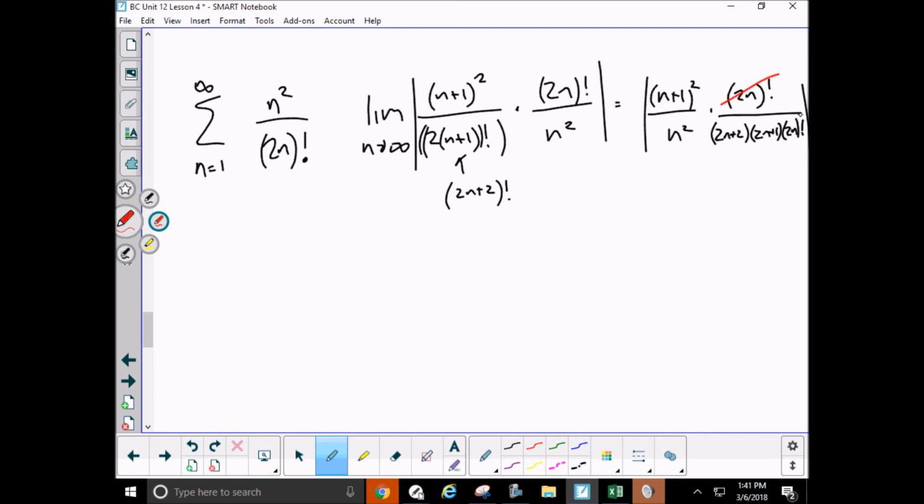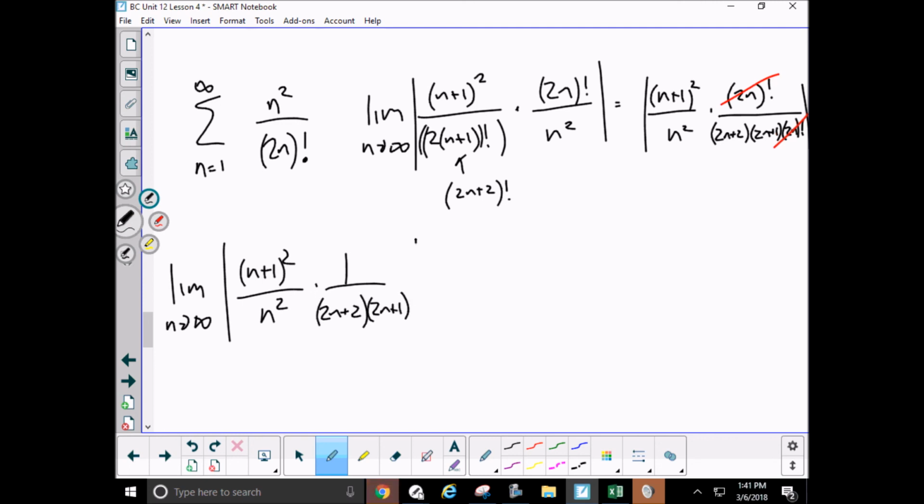We cancel. I'll have the limit as n approaches infinity of n plus 1 squared over n squared times 1 over 2n plus 2 times 2n plus 1. As n approaches infinity, this will approach 1.